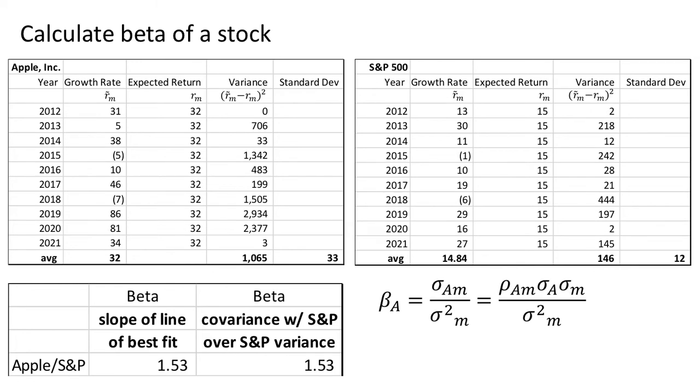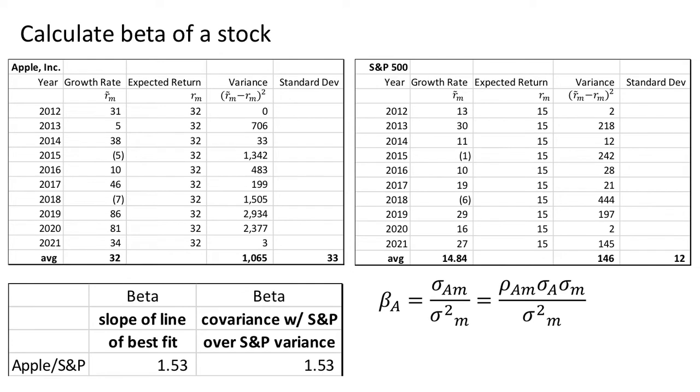It tells us that for a 1% improvement in the S&P 500, you'll get a 1.53% improvement in Apple Inc. And for a fall of 1% on the S&P 500, you get a fall of 1.53% for Apple Inc.